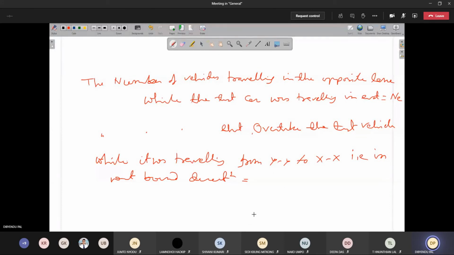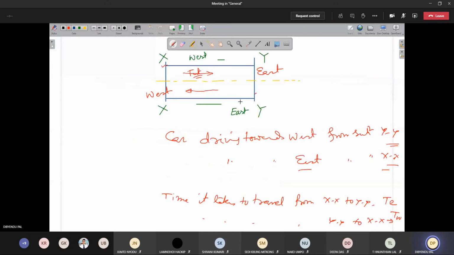I'll tell you once again what I am writing here. The number of vehicles that overtake the test vehicle while it was traveling from YY to XX, that is in the westbound direction. Let us go back. When the test vehicle was traveling in this direction, so this is the test vehicle, in this direction, that is the westbound direction, the number of vehicles that has overtaken the test vehicle.